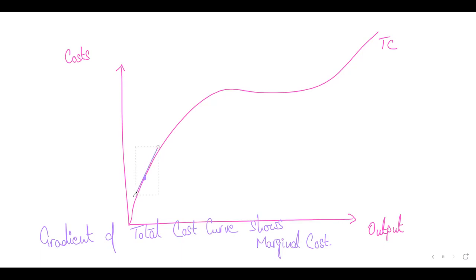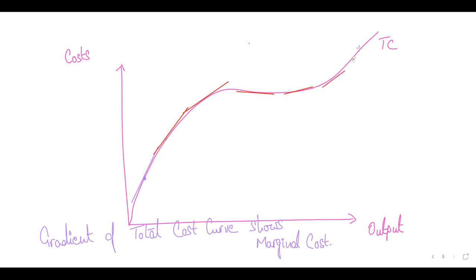And that will show me how steep the line is. Similarly, if I have to find the gradient at this point, again I will draw a tangent line like this. Then similarly at this point, and then this, and then this and this.